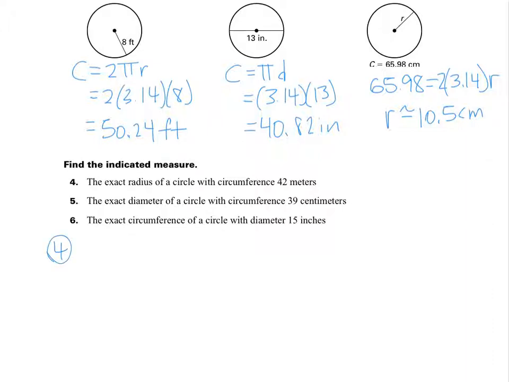For the radius of a circle with a circumference of 42 meters, circumference equals 2 times pi times r. And since it says exact, we really want to use pi. So 42 divided by 2 pi is 21 divided by pi.